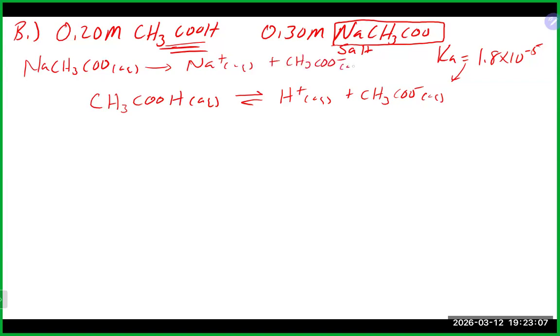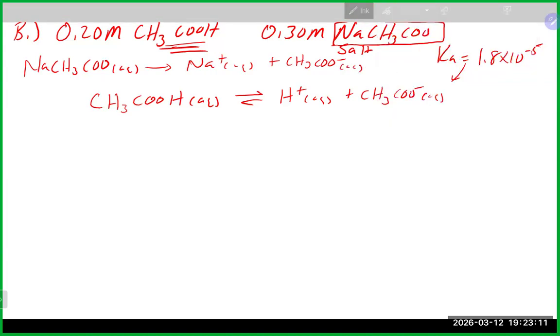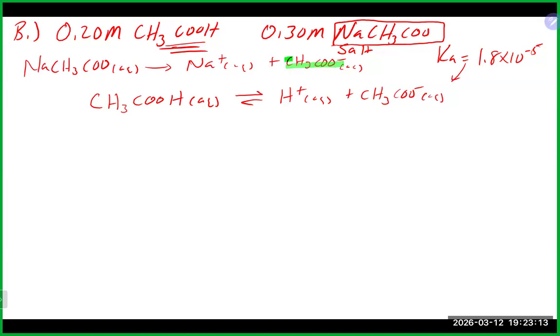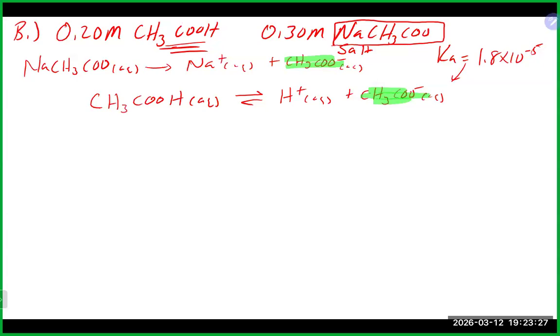Now, hopefully at this point, you can recognize that perhaps we have our common ion situation again happening here, as we have in that beaker some acetate being supplied by the sodium acetate, and we also have some acetate that's just simply being supplied by the acetic acid breaking apart.